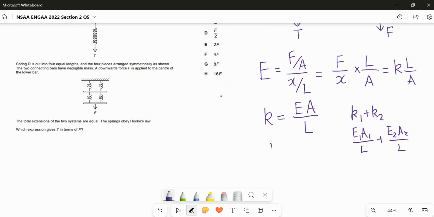When you add two springs in series, so if that was K1 and K2, you're effectively increasing the length. So it would be EA over L1 plus L2.